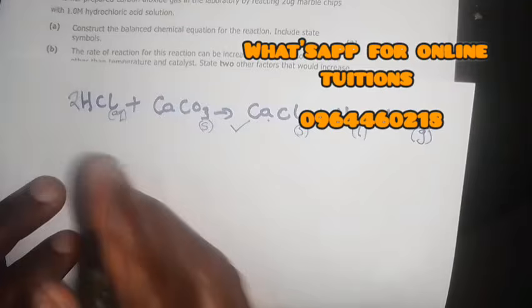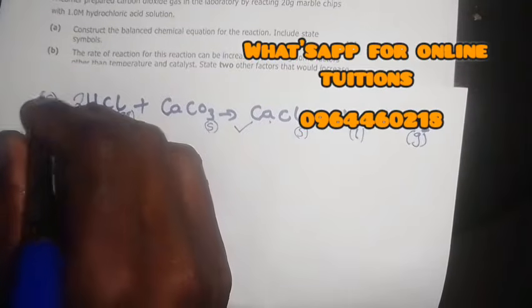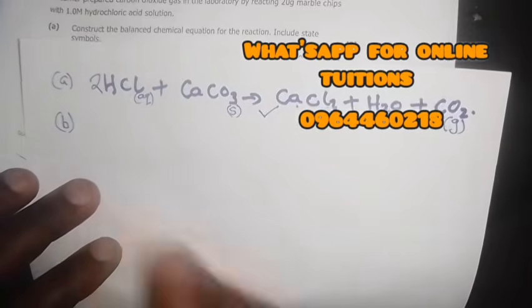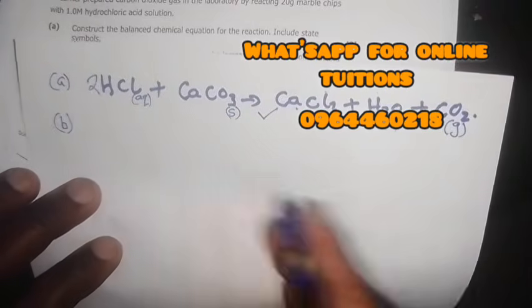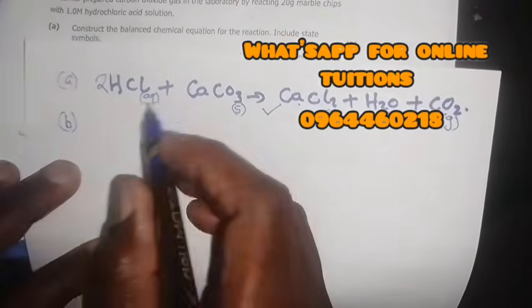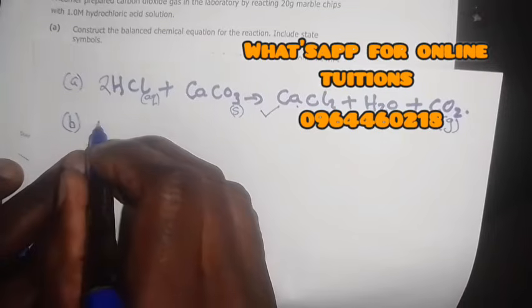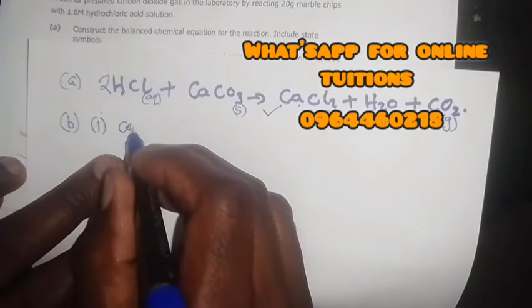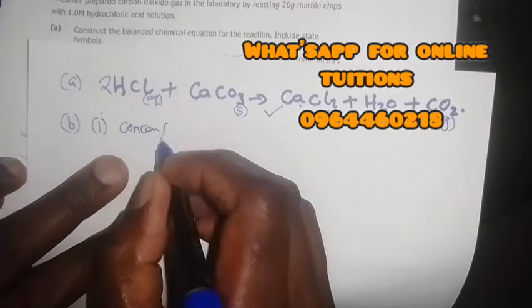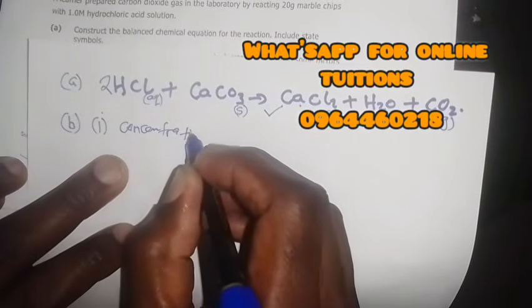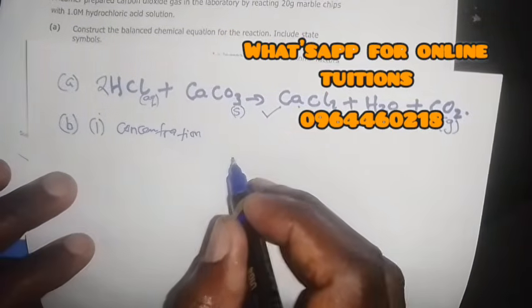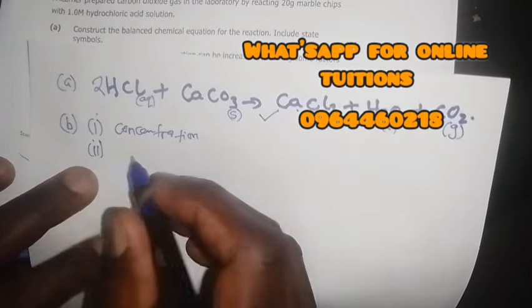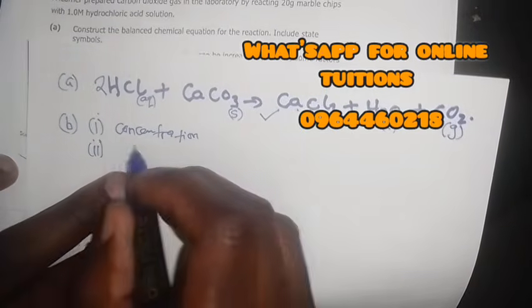So this was our A, then now our B, two other factors. So the first one is concentration, and then the second one is surface area.